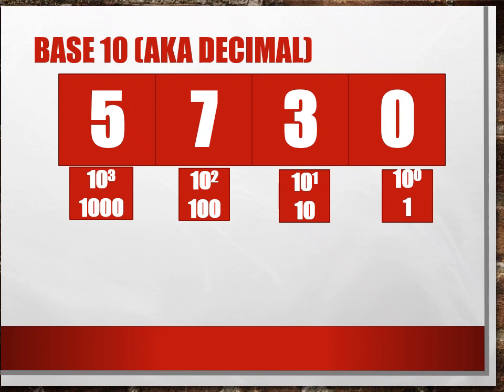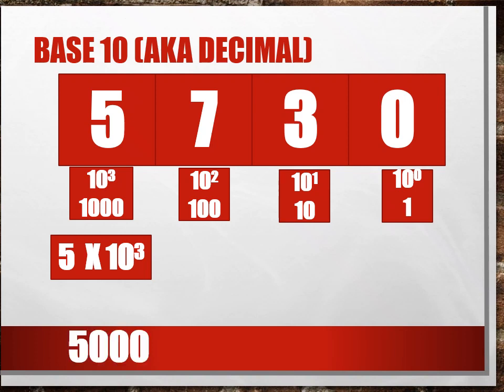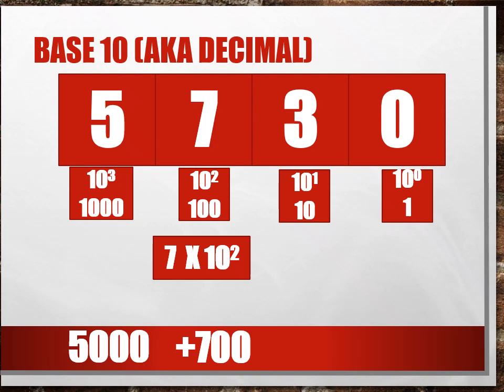So when we're calculating a base 10 number, this is 5 times 10 to the third, or 5 times 1,000, which is equal to 5,000. This is 7 times 10 squared, which is 7 times 100, which is 700.